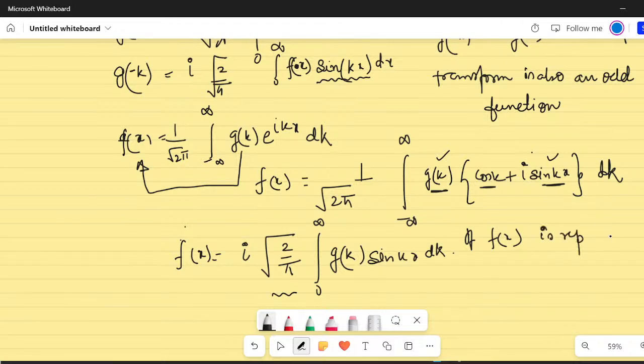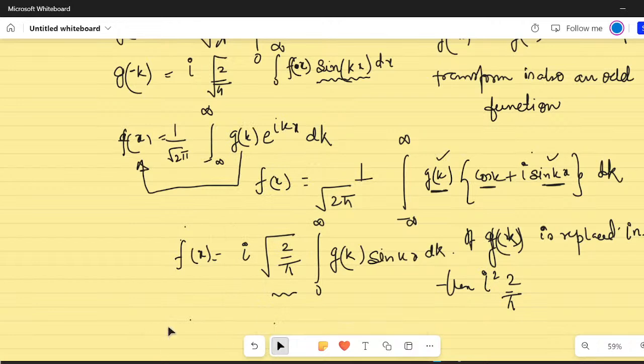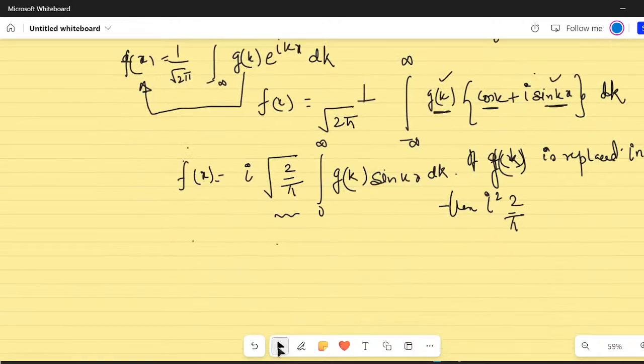If g of k is replaced in f of x, then the constant factor here will become iota squared, and then you will have 2 upon pi. So I'm going to explain you, just give me a minute. Basically what I'm trying to convey is, I'm going to write those two things, then you'll be able to understand what I'm trying to teach. See what is happening.